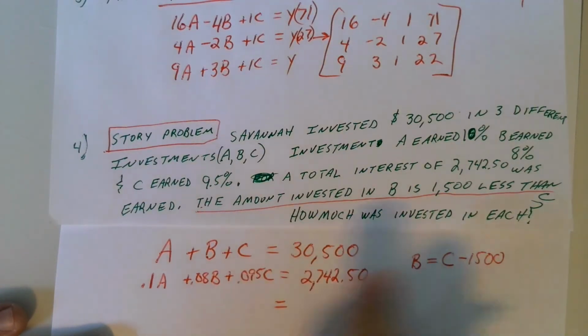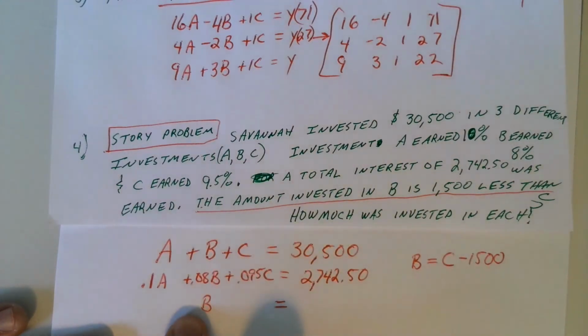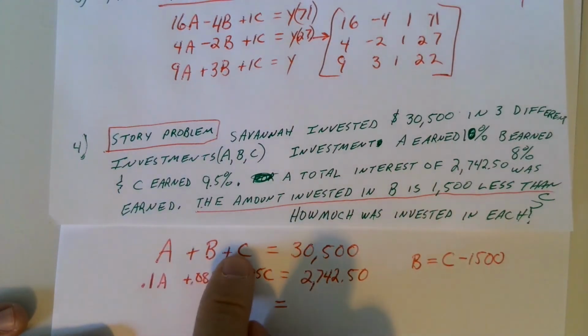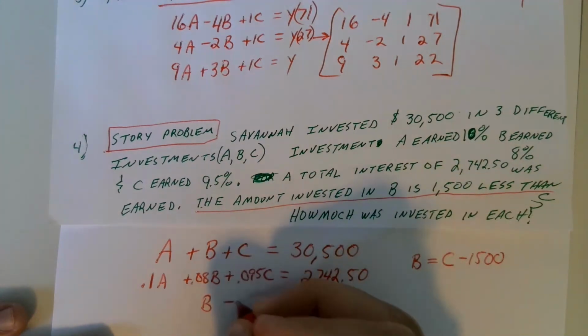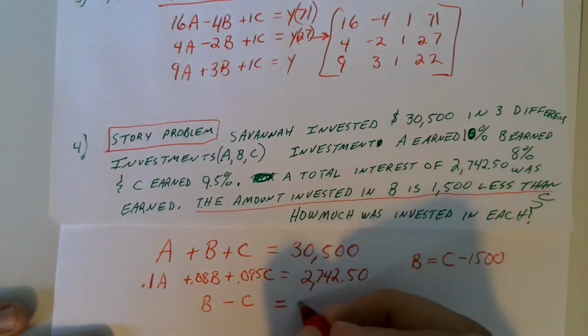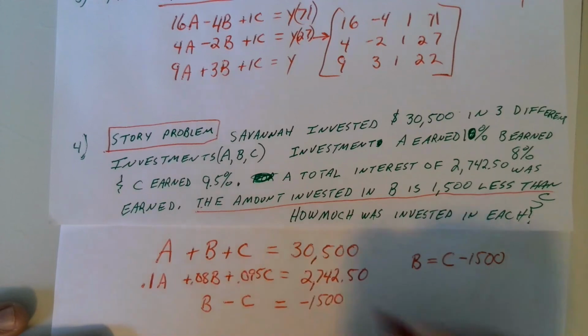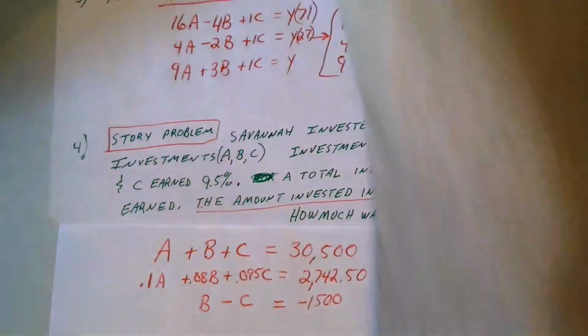So my B is already on the left side, so I can just put that there, B. And you know that that's 1B, just like that's 1A, 1B, and 1C. My C is on the right side of the equation over here, so I've got to move that this way. So that's going to be a minus C, which again is a minus 1C. And then over here, the negative 1,500 is on the right side. Let's leave that there. So I got negative 1,500. So there's my stuff, right?